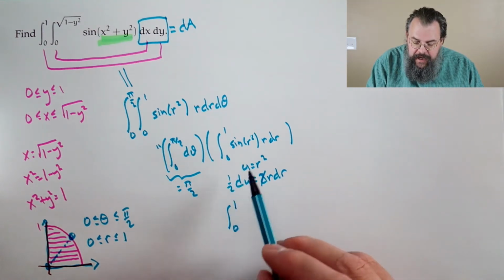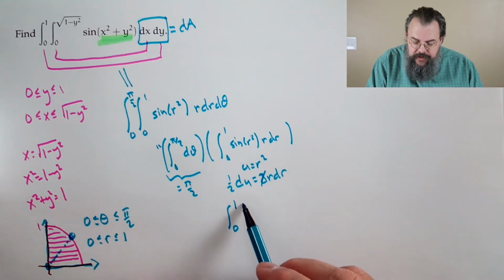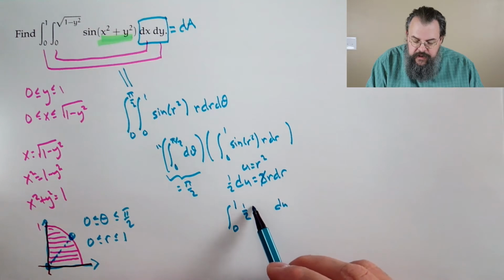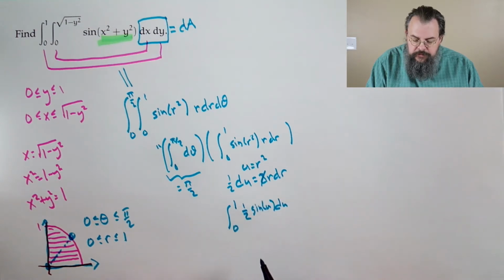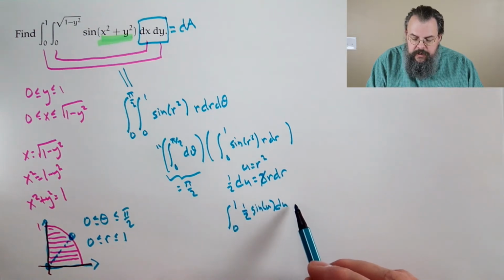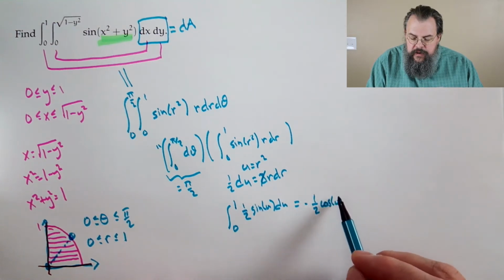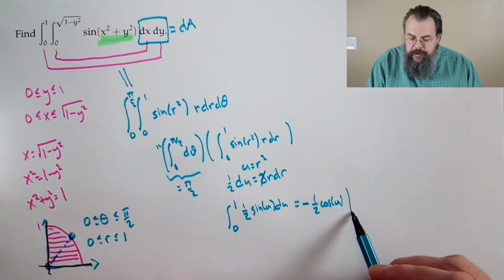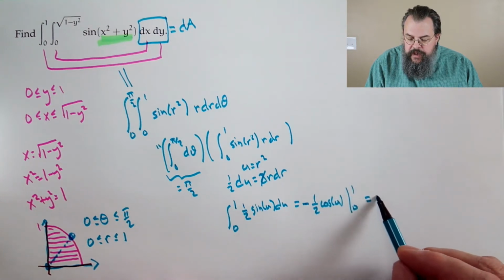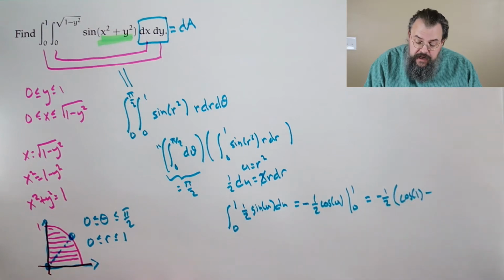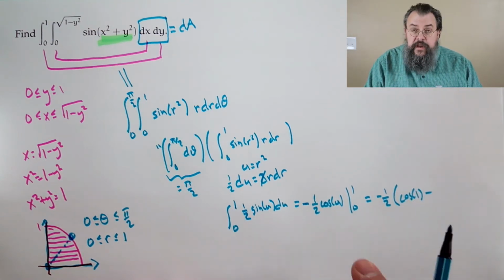Then we have a half, because r dr becomes a half du. And then sine of r squared is sine of u. All right. Well, we can integrate that. That's minus a half cosine u. Don't forget the minus, and evaluate 0 to 1. So we end up with minus a half, and it's cosine of 1, subtract cosine of 0.